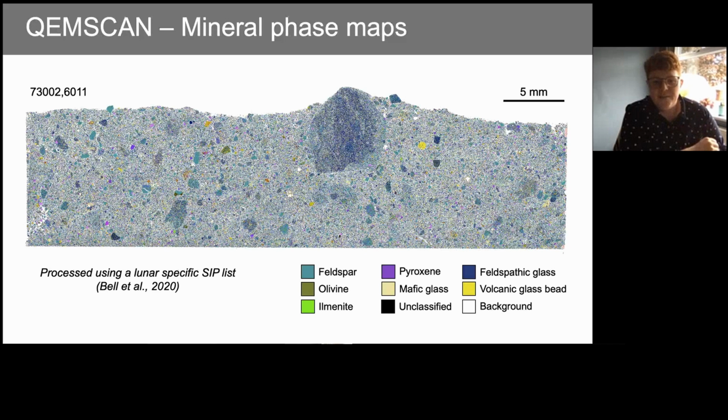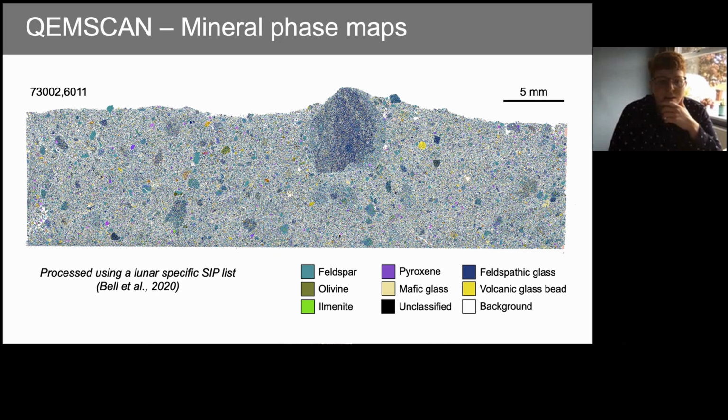The legend here is super short compared to the full legend that would accompany this sample using the list that we've got, but it's just to get your eye in with some of the major minerals that we have in this sample.